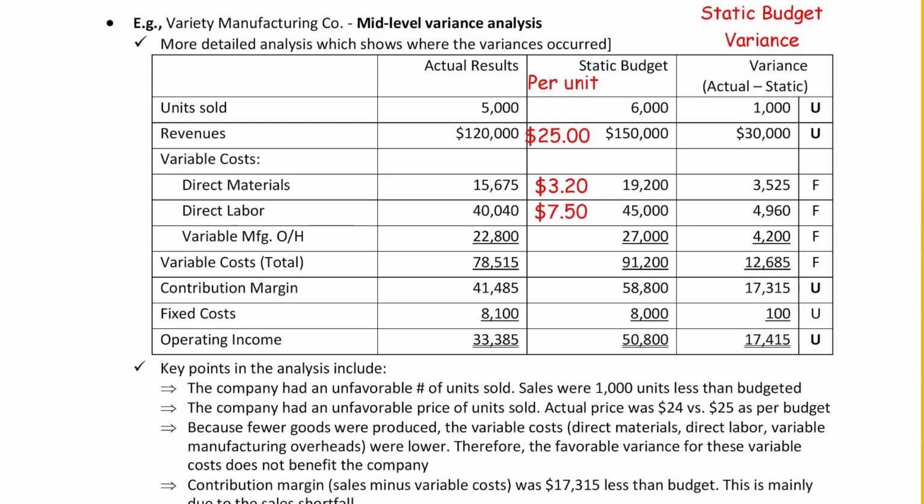Variable overheads were budgeted to be $27,000 for 6,000 units. Per unit, that's $4.50. So the total manufacturing variable costs were $3.20 for direct materials, $7.50 for direct labor, and $4.50 for variable overheads, which totals $15.20 per unit.